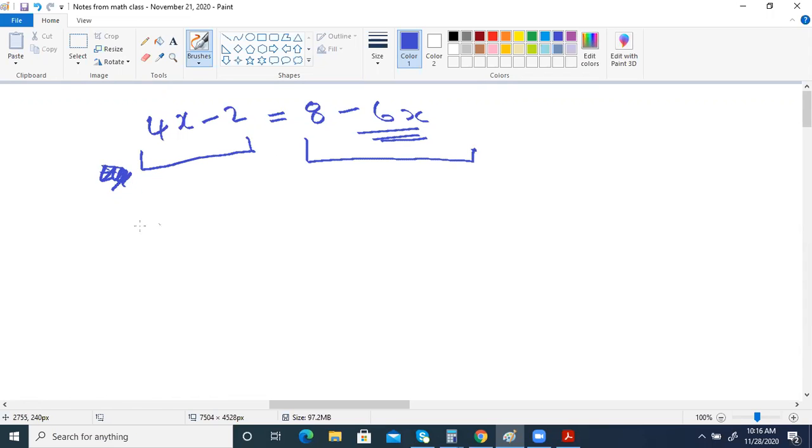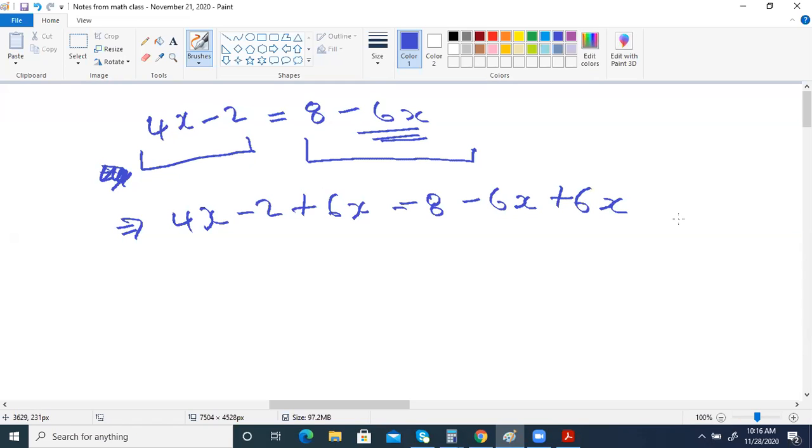So at the end of the day, we have something looking like 4x minus 2, right? And remember, we have to add it to both sides. So add 6x here, then 8 minus 6x plus 6x becomes 0. And this 4x plus 6x becomes 10x.